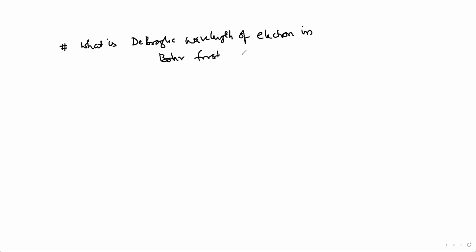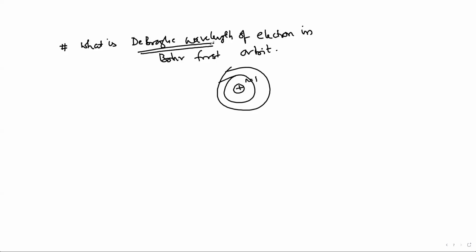Next, for example, if I ask what is the de Broglie wavelength of an electron in Bohr's first orbit? You know the atomic structure: in Bohr's first orbit, n equals 1.